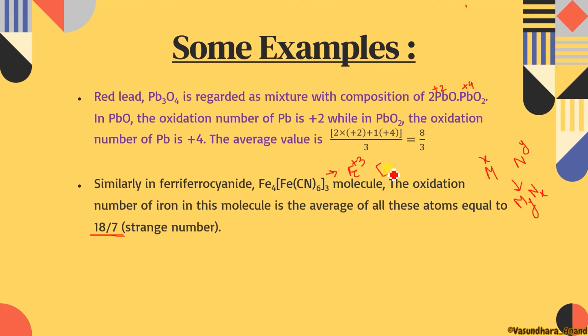So I can say that Fe(CN)6 has -4 charge. Now find the oxidation number.